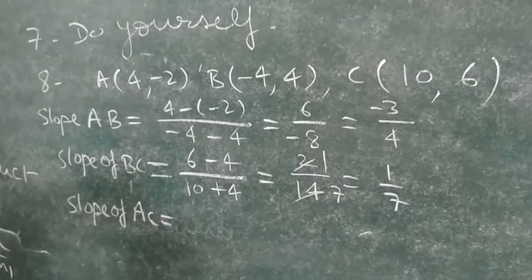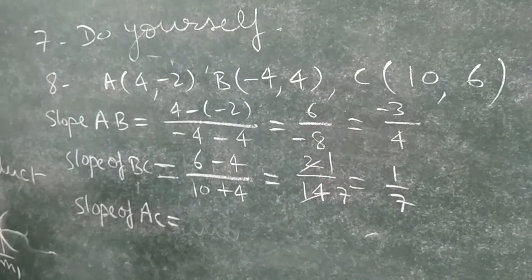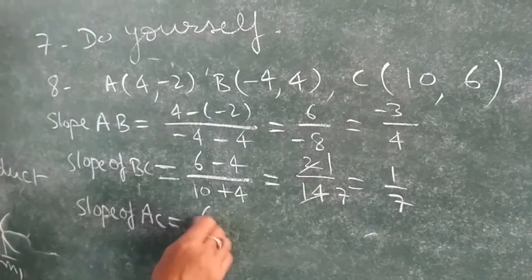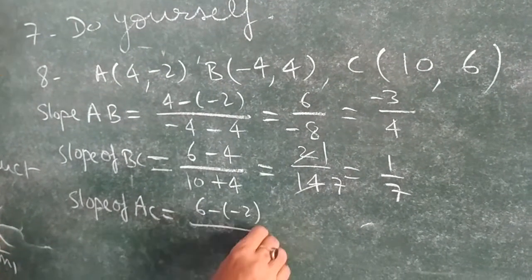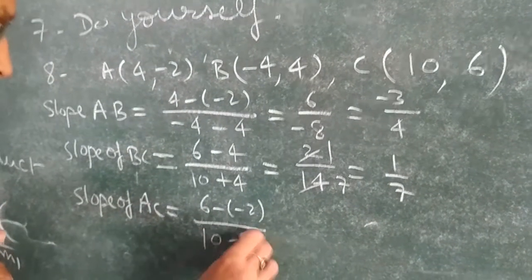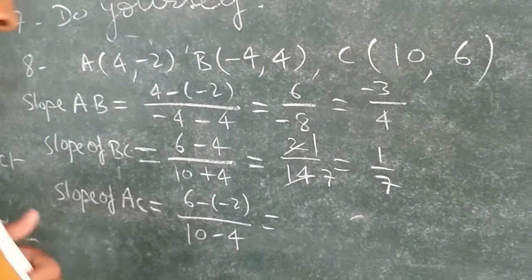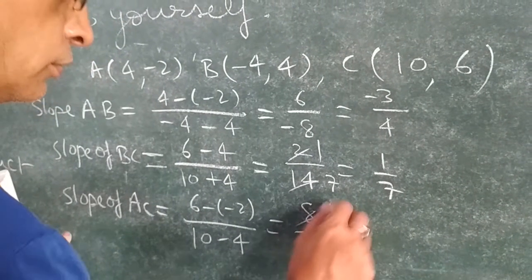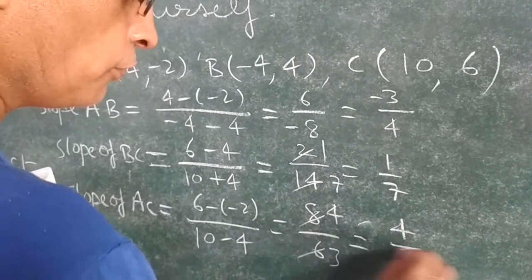So this is the slope of BC. Now find the slope of AC. AC: 6 minus minus 2 and 10 minus 4. 6 plus 2 is 8 upon 6. It is equal to 4 by 3.